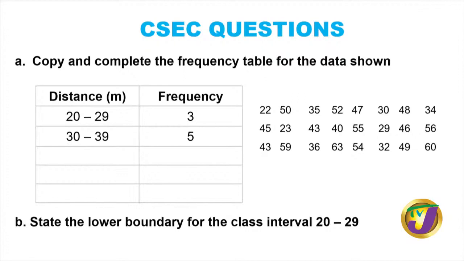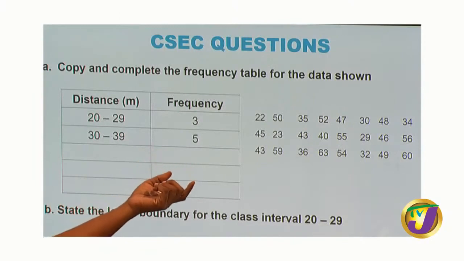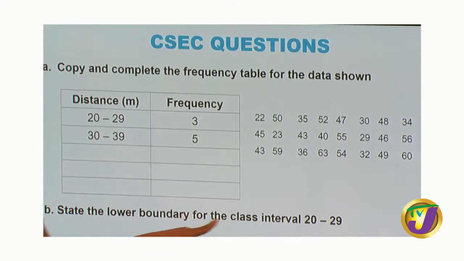So our students in TV land can capture this and go ahead and answer these questions. First, you are to fill in the class intervals and the frequency, and you're also being asked to state the lower boundary, which we would have discussed today, for the specific class interval 20 to 29.